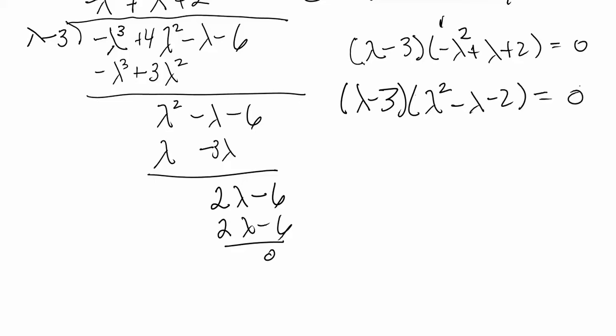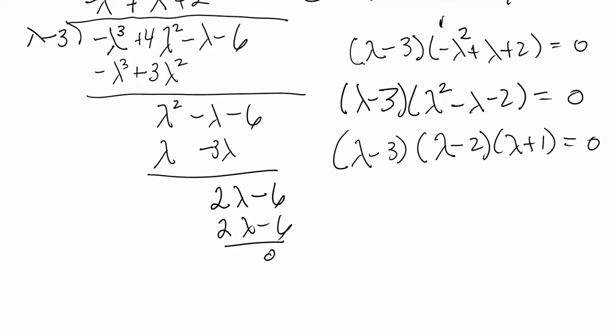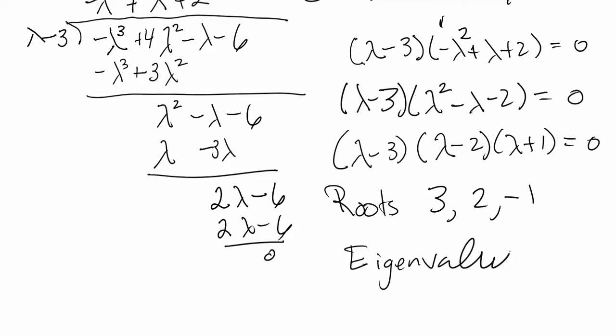Now this one, I can, by inspection, find what the different roots are. So I'll have lambda minus 3, and here I'll have lambda minus 2 times lambda plus 1, so that my roots are 3, 2, and minus 1. And these are also the eigenvalues of the matrix. So those are my 3 eigenvalues.